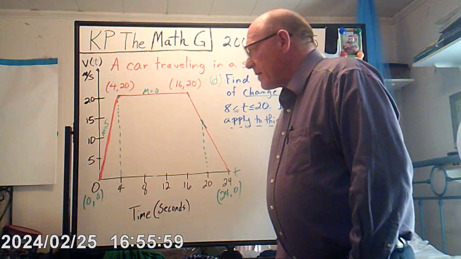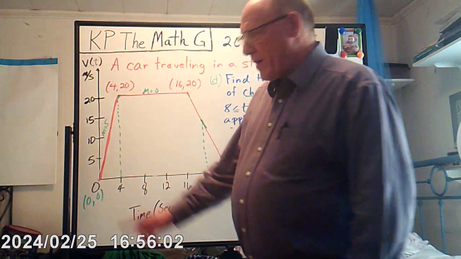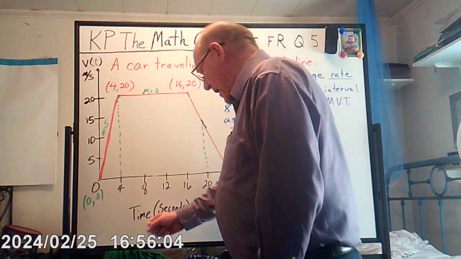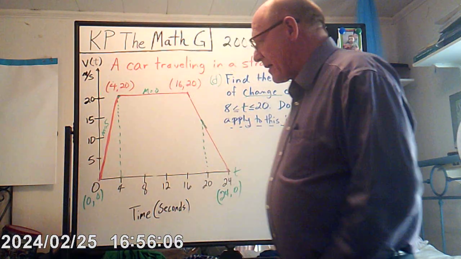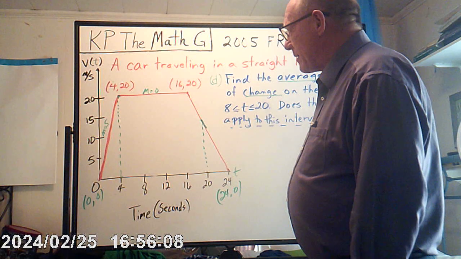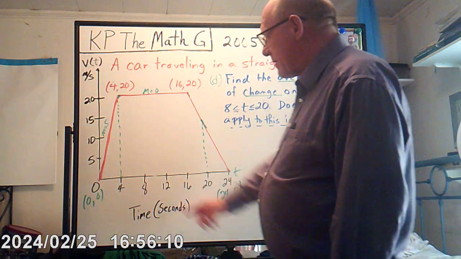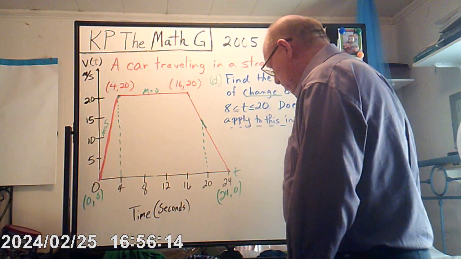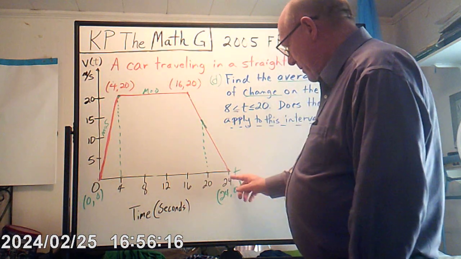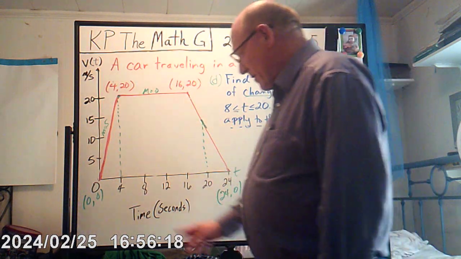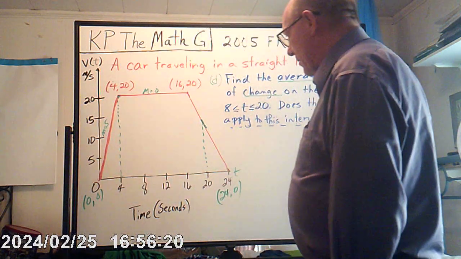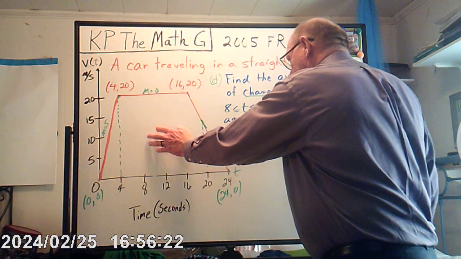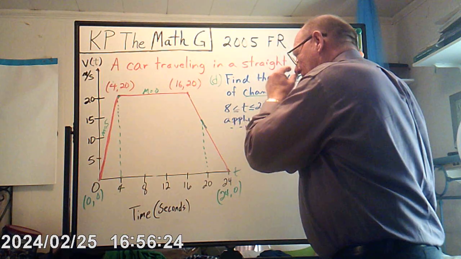Velocity is measured in meters per second. Time here, of course, is in seconds, and we have a few points here: (4, 20), (16, 20), and of course (24, 0). So we're looking at this graph here.